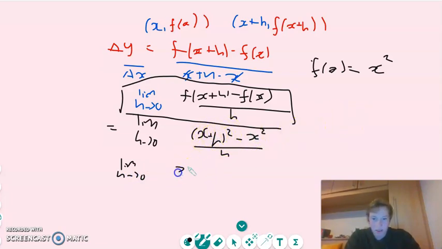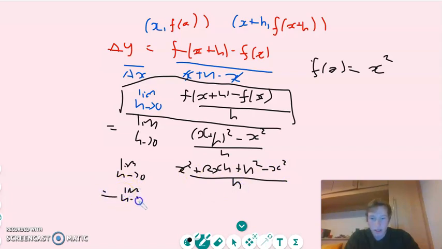So I'm not going to go through that. X squared plus 2xh plus h squared minus x squared over h, and that simplifies to, we can see that the x squareds cancel. We've got plus x squared minus x squared, so we've got 2xh plus h squared over h left.